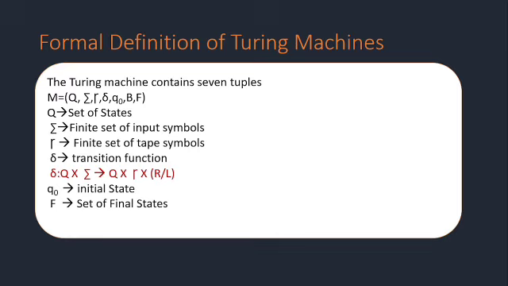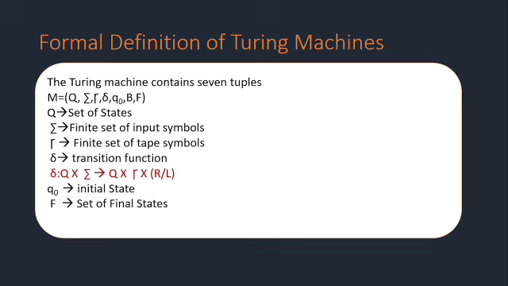Now this is called the formal definition of a Turing machine. The formal definition of the Turing machine consists of 7 major tuples: Q, sigma, tau, delta, Q0, B and F. Now Q is called the set of states, sigma is the finite set of inputs, and tau is the finite set of tape symbols.